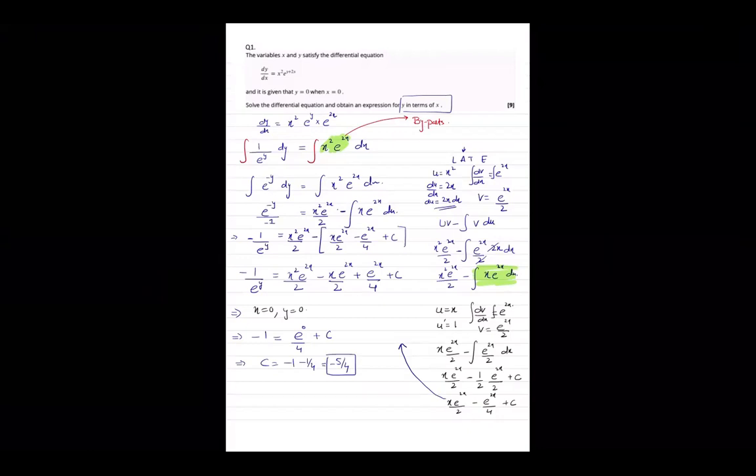I'm taking the entire working on the next page to avoid overlapping. Okay, now I know that c came out to be minus 5 upon 4.